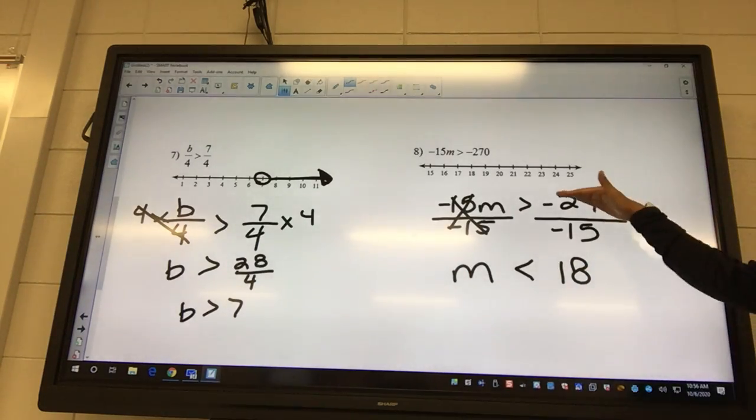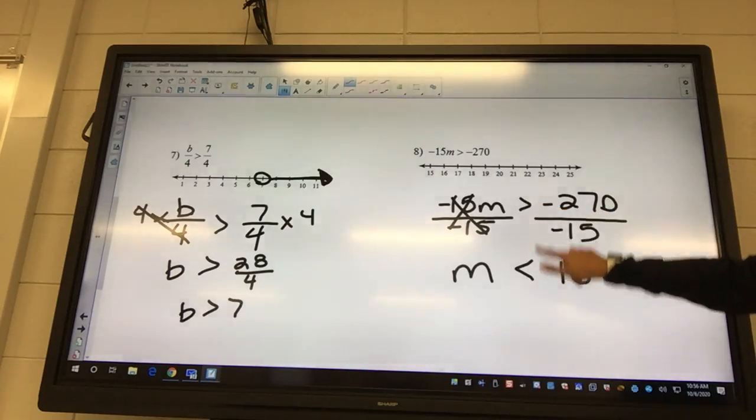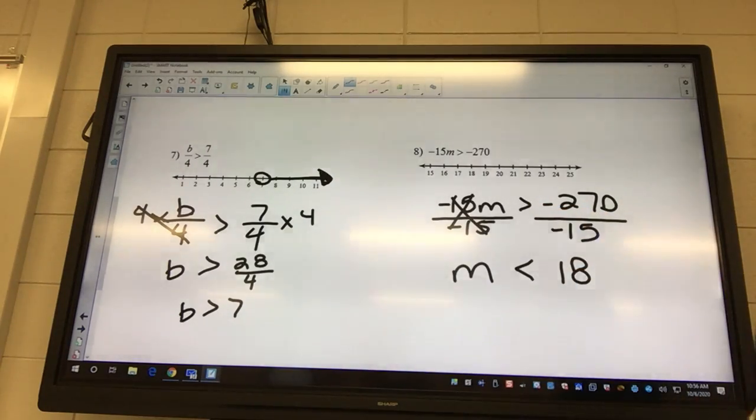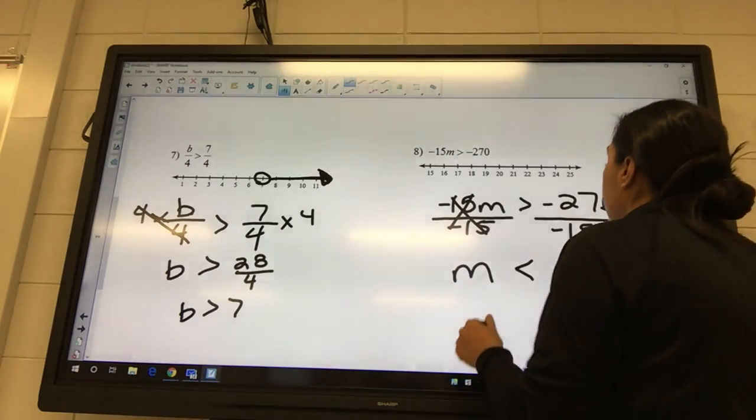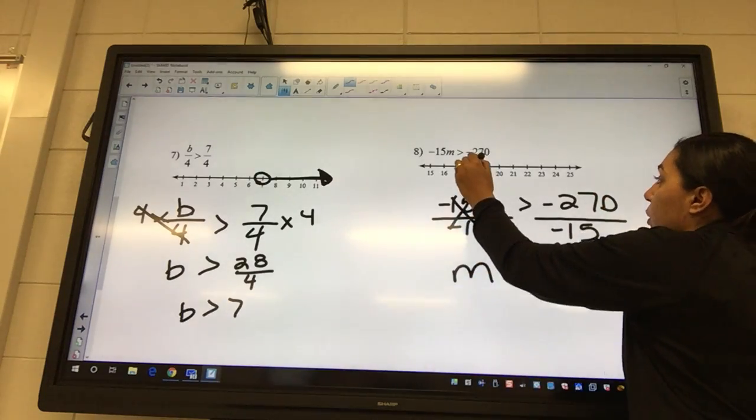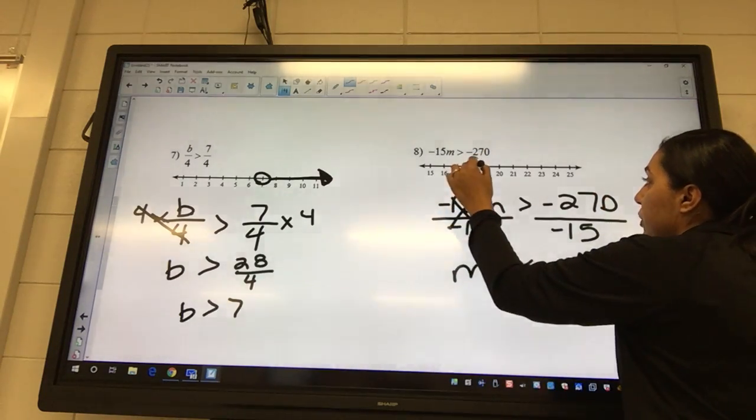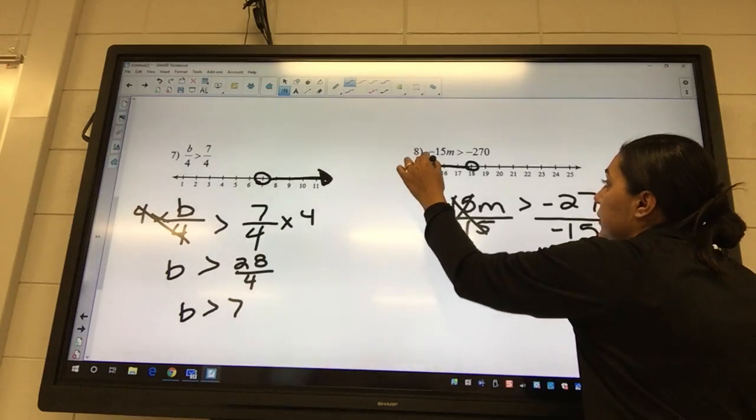We did it the exact same except we have to flip the sign. When you multiply or divide by a negative, you have to flip the sign. So I got 18, and it should be an open dot, and my arrow should be pointed to the left.